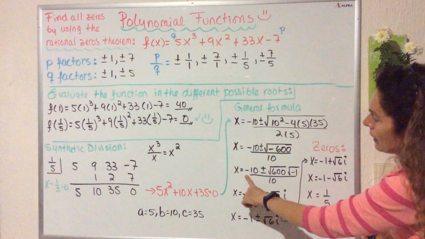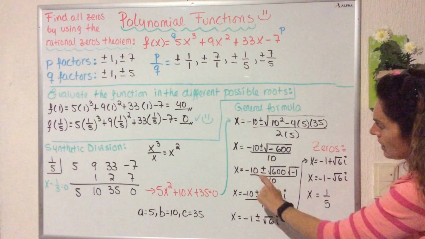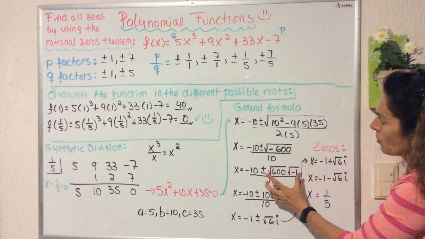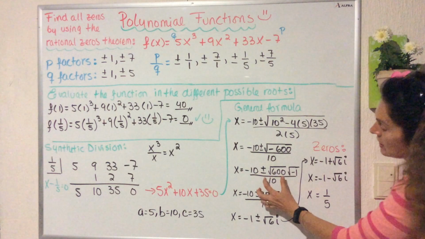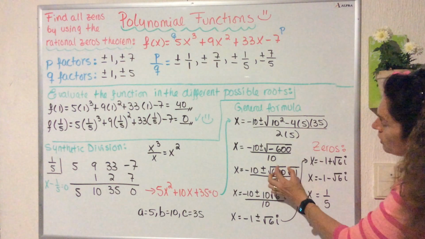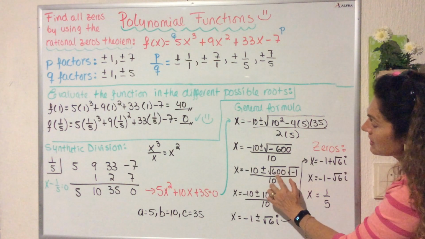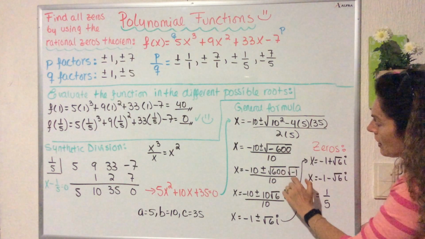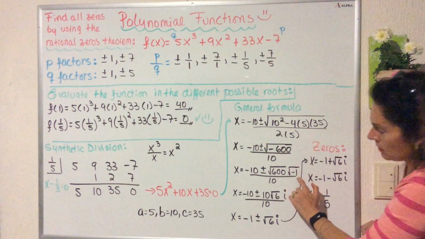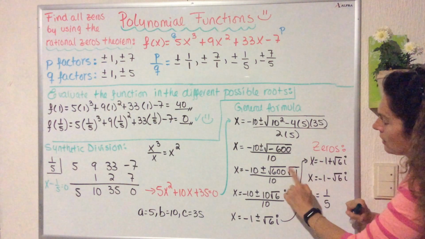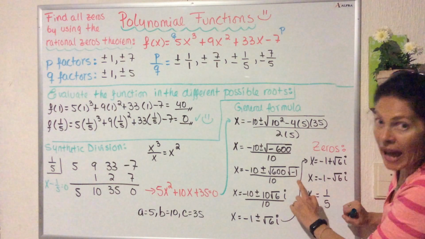Here we are going to write minus 10 plus or minus, and remember that in order to get the complex number, we separate the positive and the negative roots. So we have the square root of positive 600 times the square root of minus 1. And remember, because of the theorem, that the square root of minus 1 equals i.